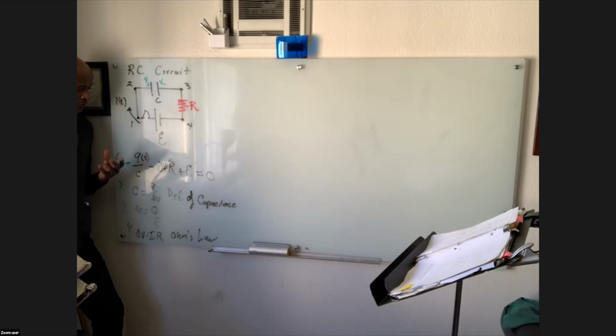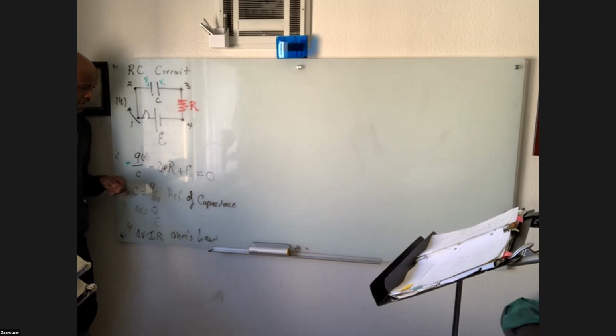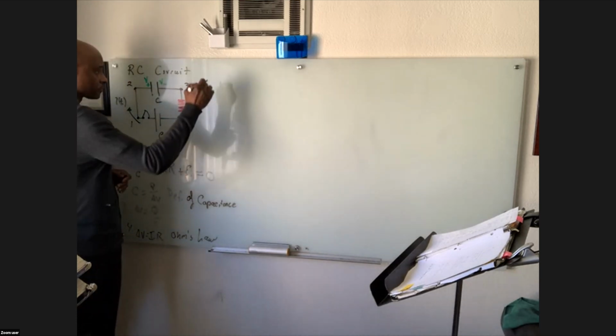Now, we really have two variables, charge and current. But in order to solve that differential equation, we need to have just one variable, which we can do by using the definition of current.